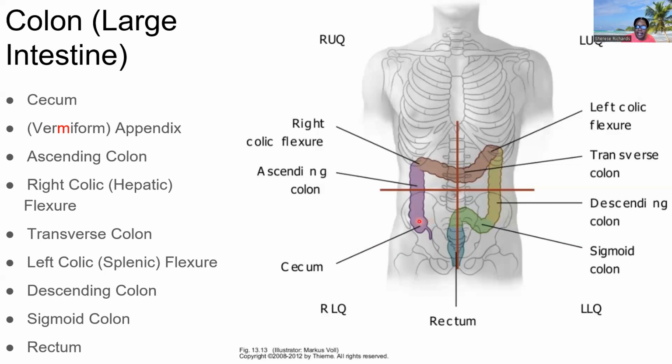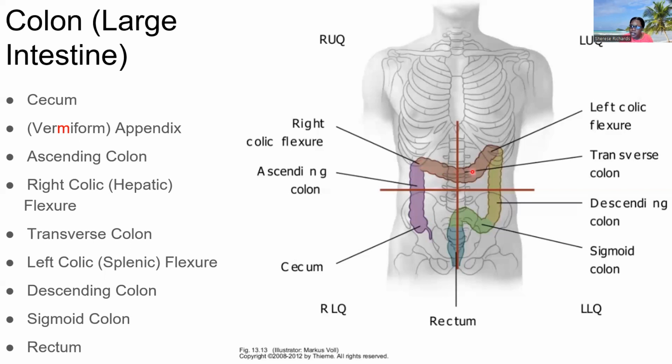Then you have the ascending colon, which is the purple portion here, the upward area of the colon. And then we have the right flexure, where the colon takes a bend. This is also referred to as the hepatic flexure because it's in really close contact with the liver.